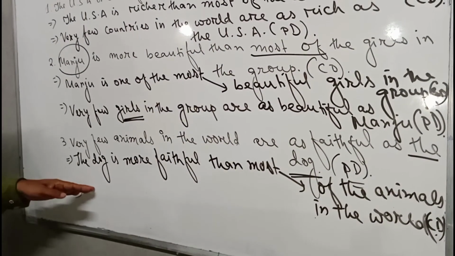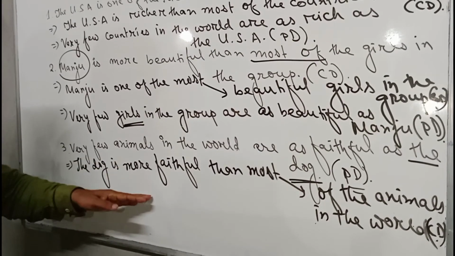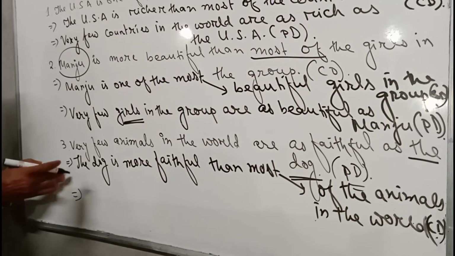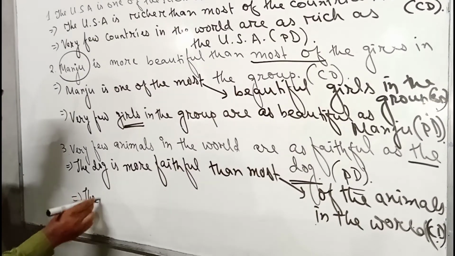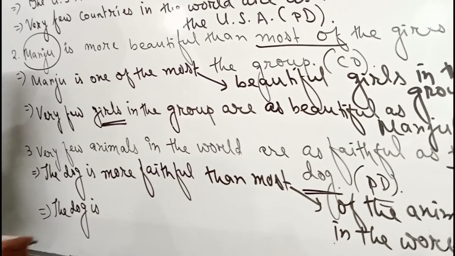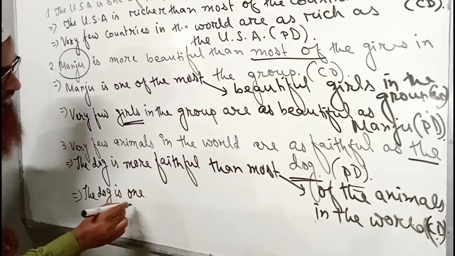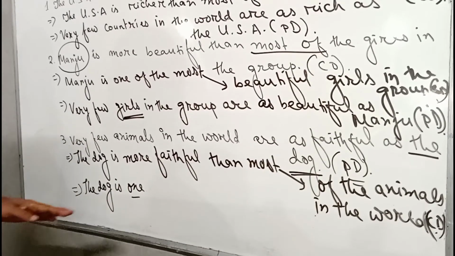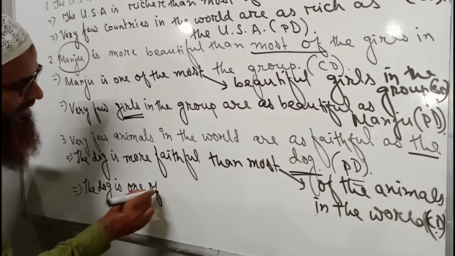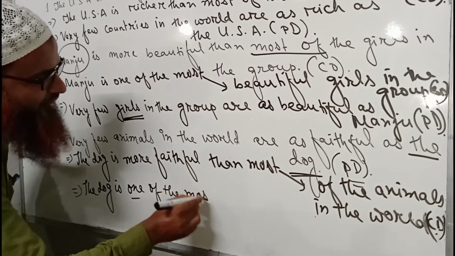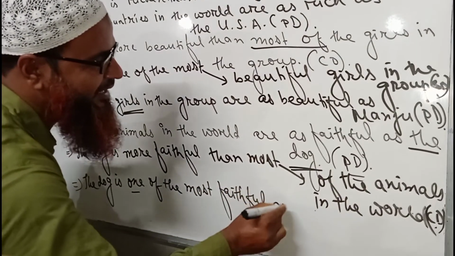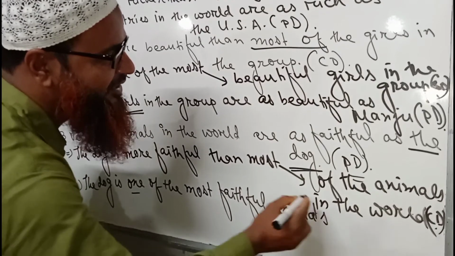Again, we will change it into superlative degree, where we have to start with the same subject, the dog. The dog is one of the most faithful animals, not animal, but it will be animals.